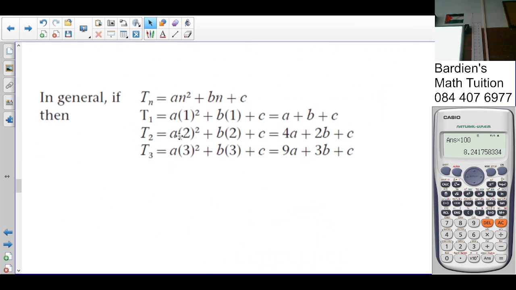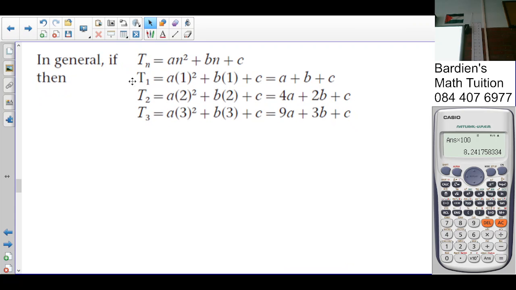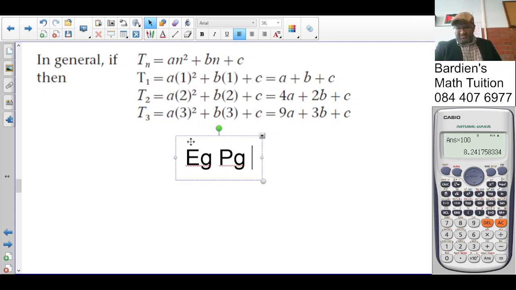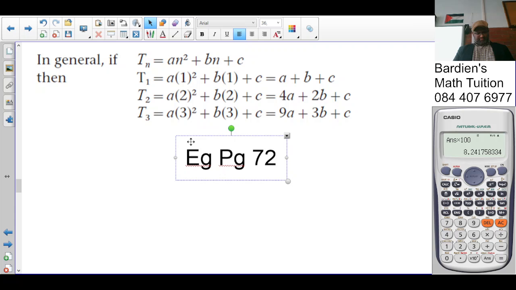In general, if you have Tn is equal to an squared plus bn plus c, I'm going to be reading from page 72.